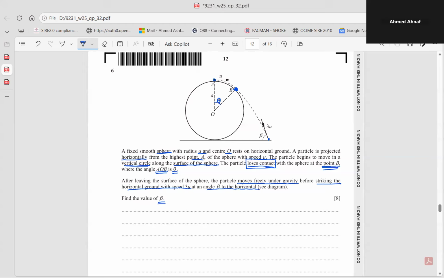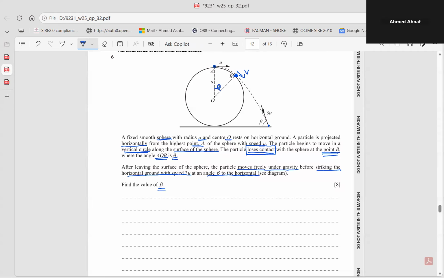So let's do that. To find the speed at point B, I'm going to let the speed at point B be v. So let's use the forces method first, and then we'll use energy conservation.